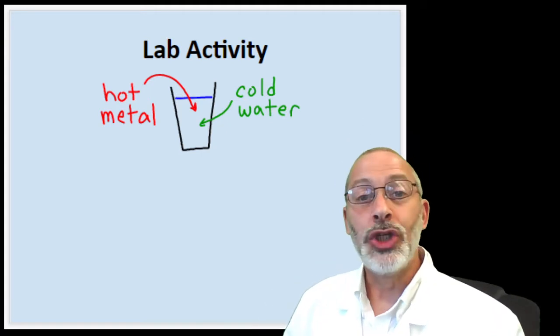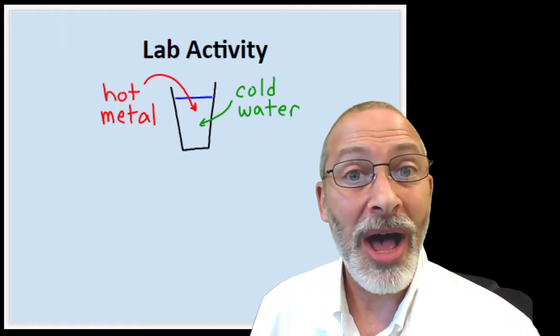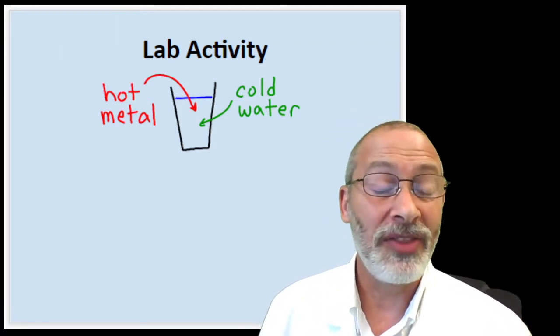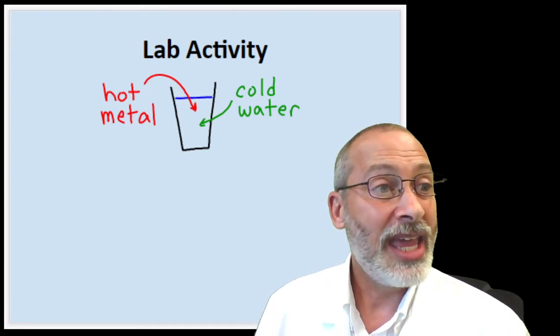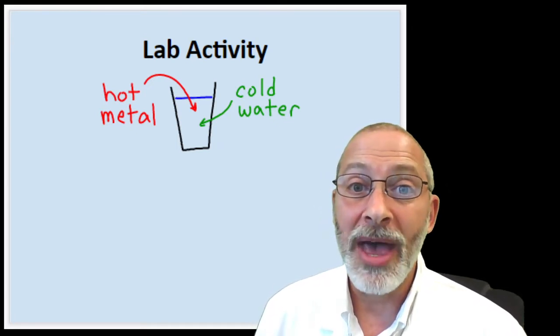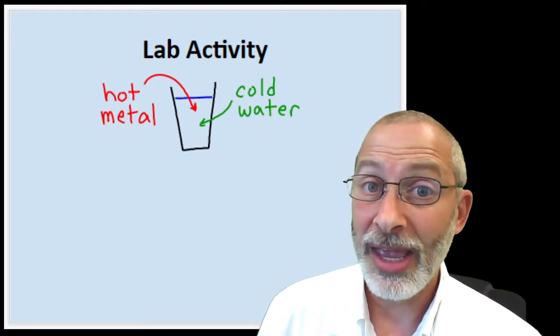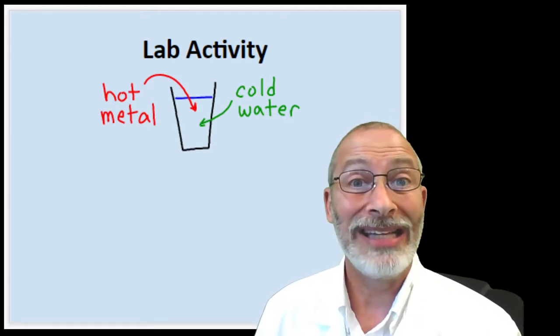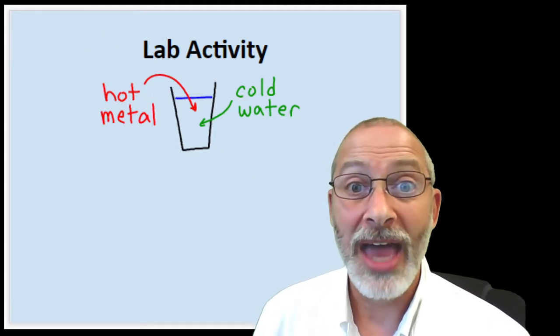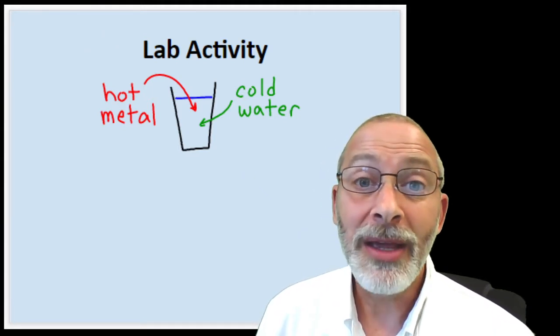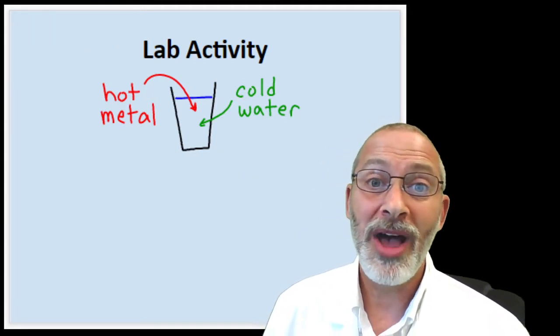As you write a hypothesis, I want you to think of the question, can the specific heat of a metal be measured in the lab and be used to help you identify that metal? Take a moment and write your hypothesis.